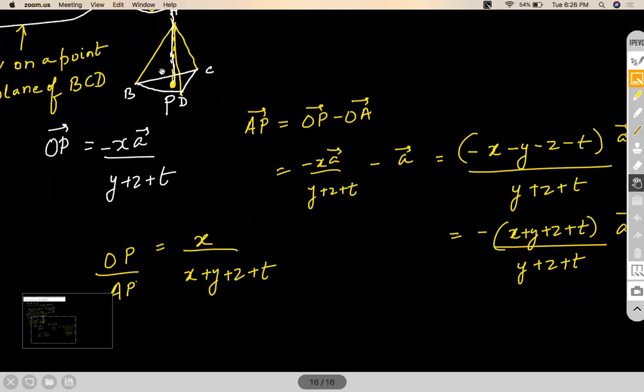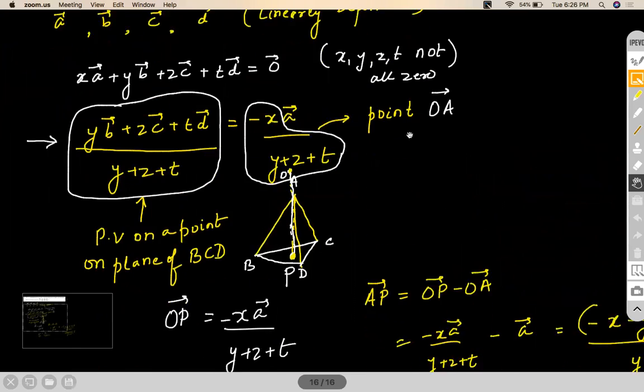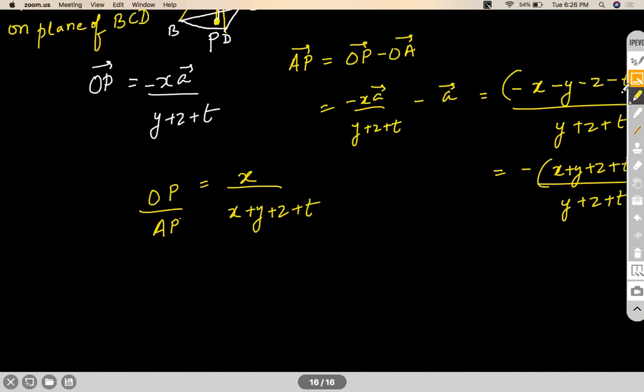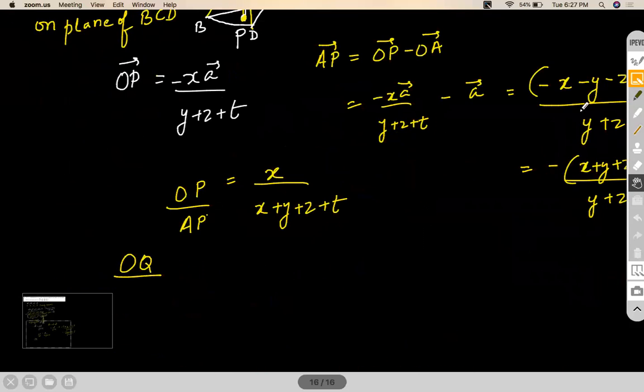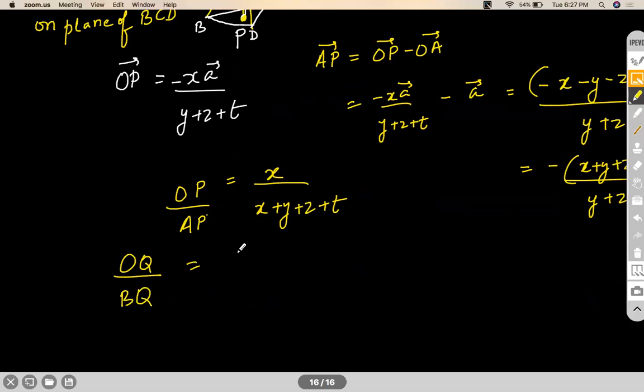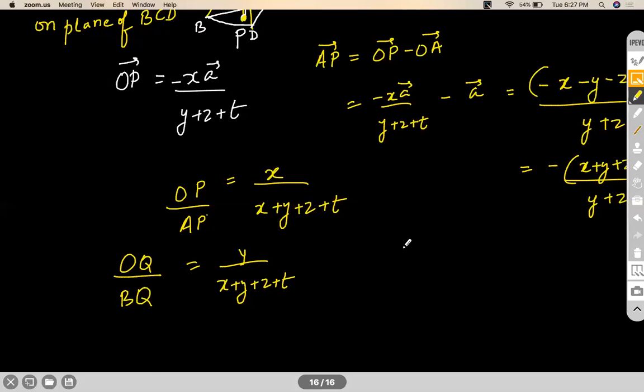Now I'm sure with the very first expression you would have got an idea about what the second ratio, third ratio and the fourth ratio lead to, and I think you're smart enough to guess that OQ by BQ will be y by x plus y plus z plus t, right?